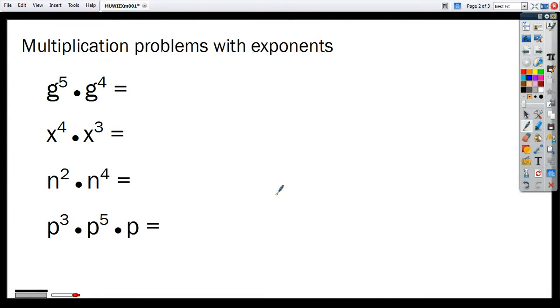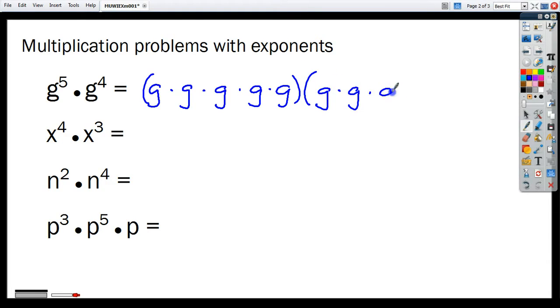So here we've got the problem g to the fifth times g to the fourth. And as we know, exponents is just a way to say repeated multiplication. So here, g to the fifth would be g times g times g times g times g, 5 times, multiplied times g to the fourth, g times g times g times g.